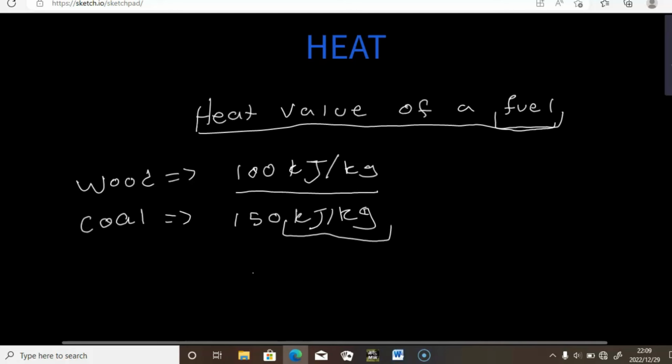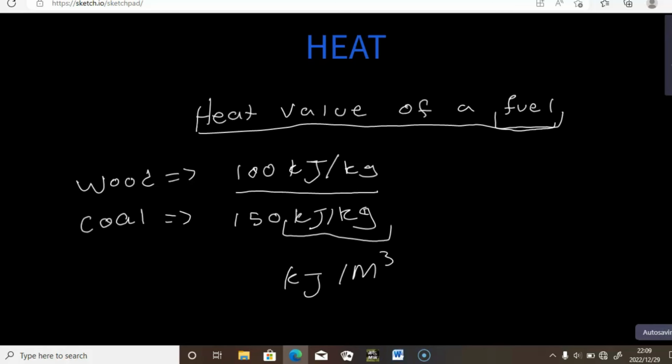The SI unit will then be kilojoules per meter cube. So the heat value of gas, or we can say liquid fuels, is given by kilojoules per cubic meter, and the heat value of wood fuel is given by kilojoules per kg.